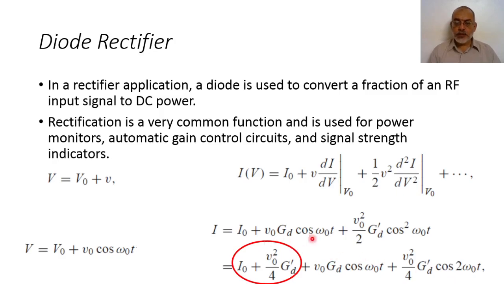By using a low pass filter, we can take off the terms cosine omega naught t and cosine 2 omega naught t. So we have only the DC component, which consists of two components. One component proportional to the input DC voltage, and the second component is proportional to the amplitude of the AC signal squared.